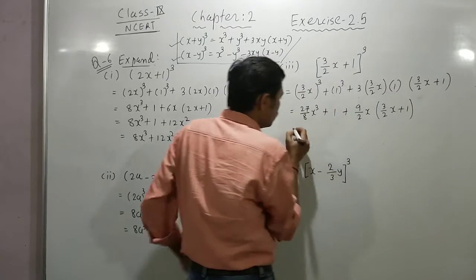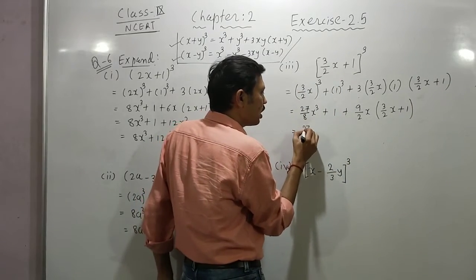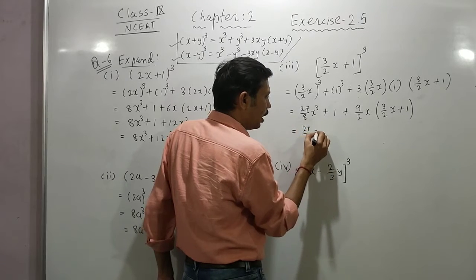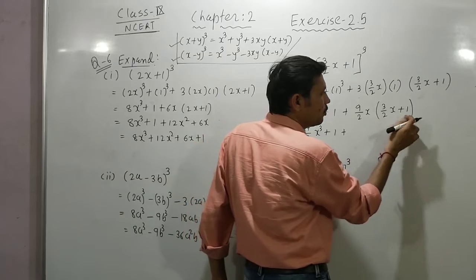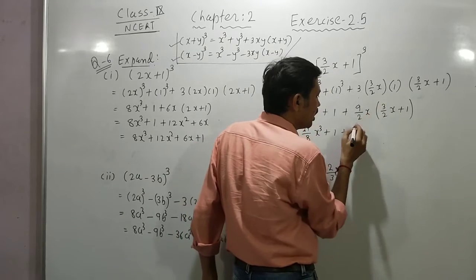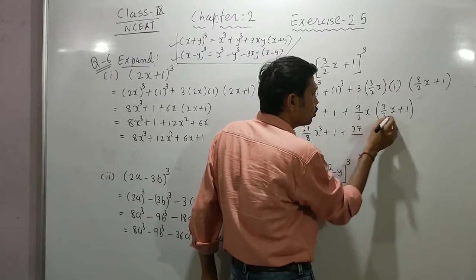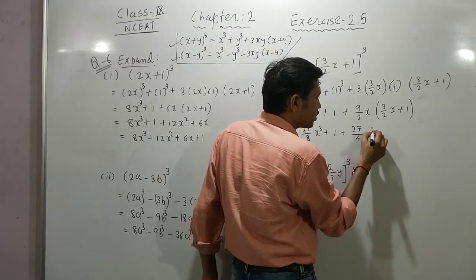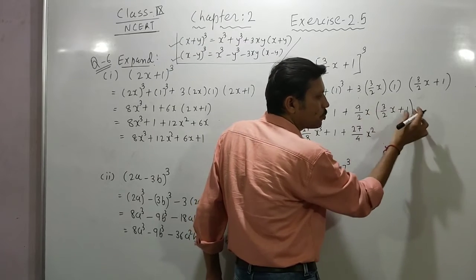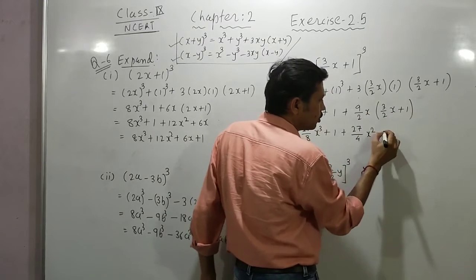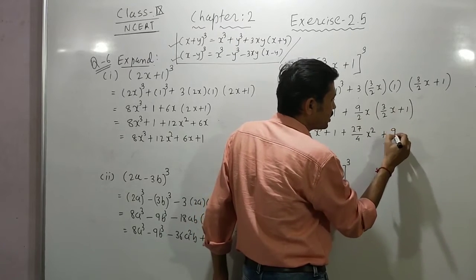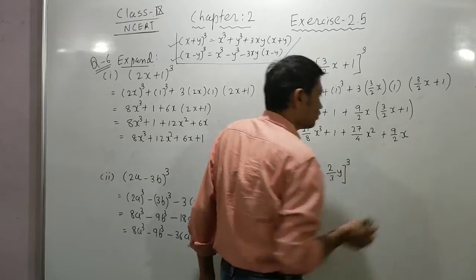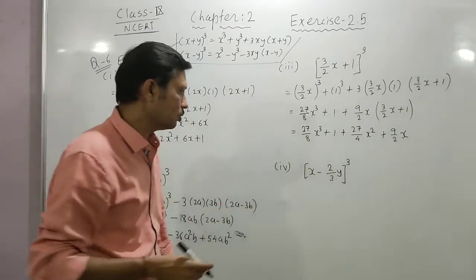Okay. So now further, 27 by 8 x cube plus 1 plus 9 by 2x multiplied with both the terms. So 9 threes are 27, 2 twos are 4, x square. Then 9 by 2x multiplied with the second term, that is 1. When we multiply with 1, the number stays as it is. So 9 by 2x. Let it be here.